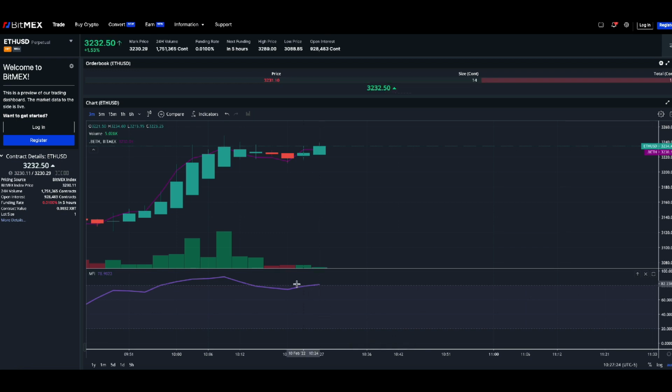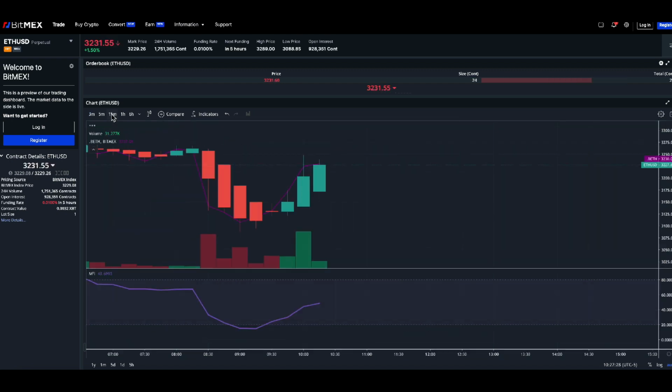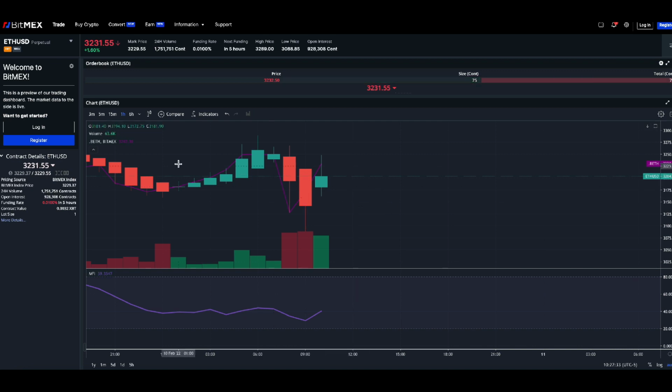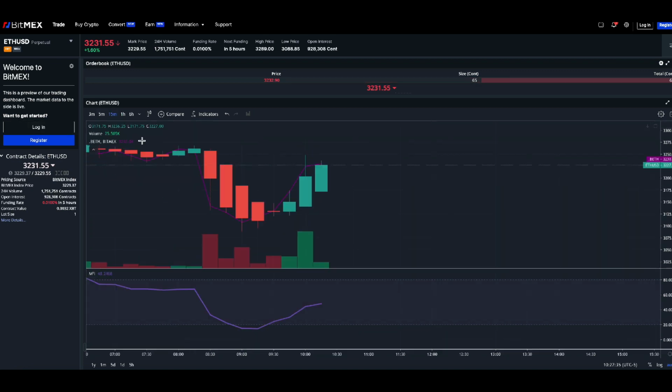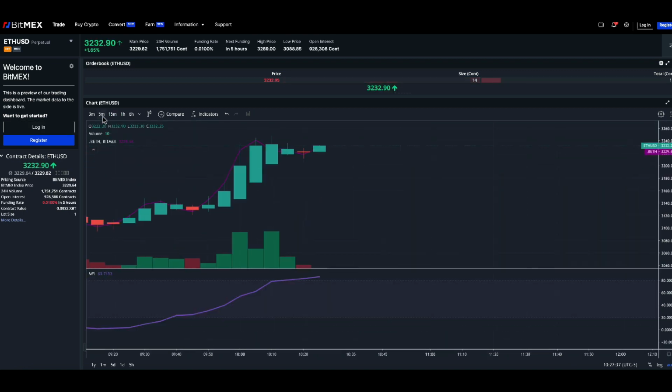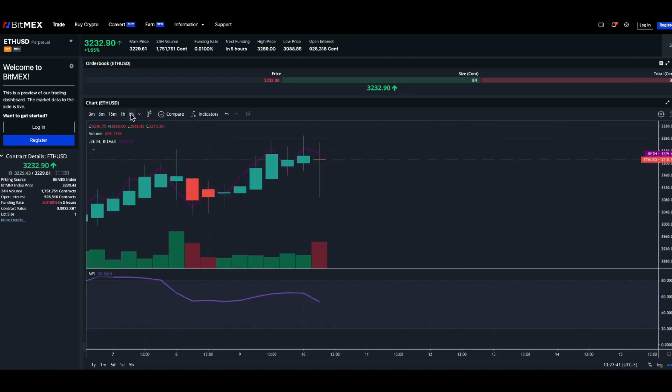These are very important considerations when you are going to enter the market to trade. That's the reason why I am watching every single timeframe to look for an opportunity to enter the market.